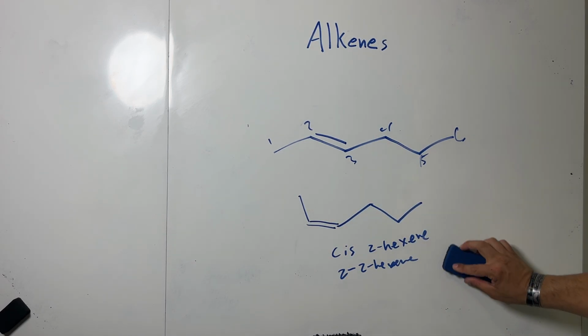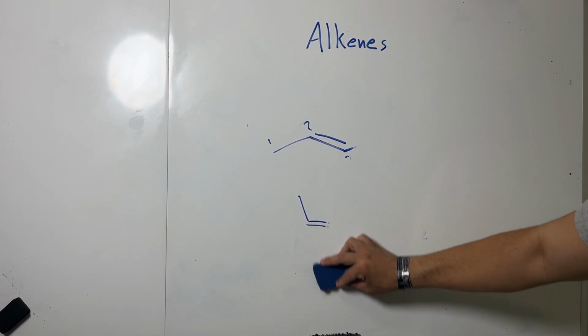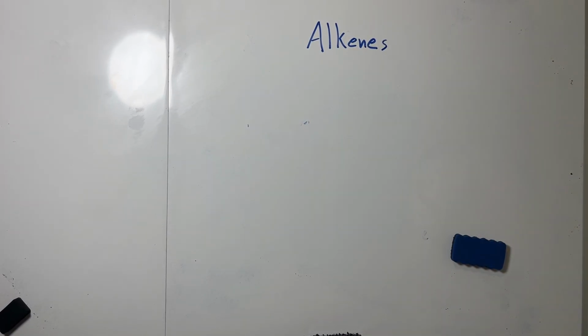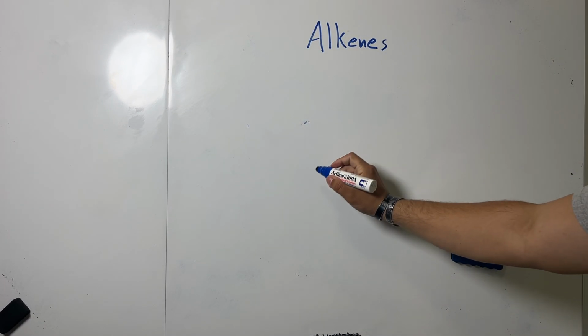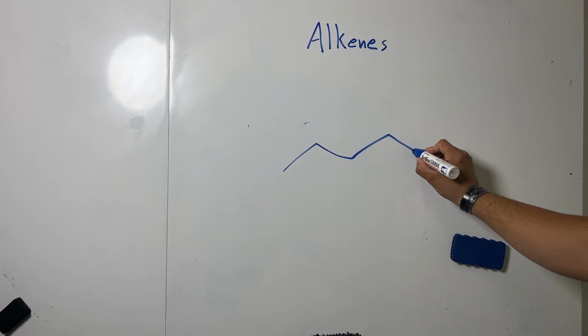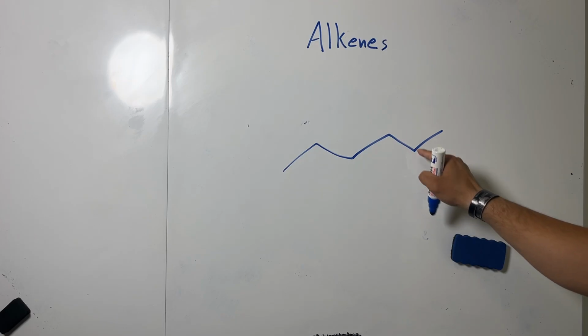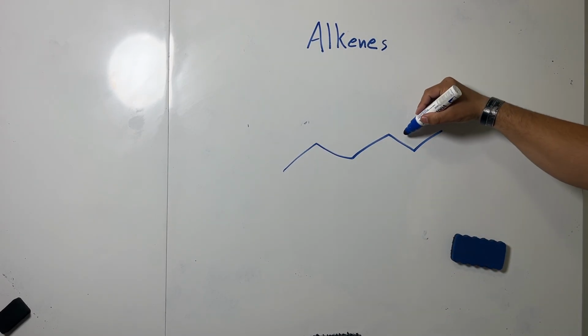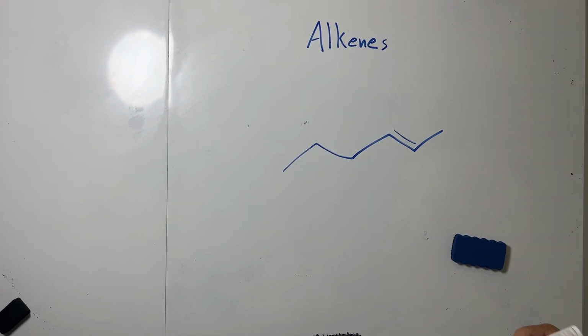Now, what do we do when we have multiple things on that alkene? So we have something like this. Let's just keep rolling with our hexene example. 1, 2, 3, 4, 5, 6. So say it's right here at the 2 position, just the 2 position on the other side.